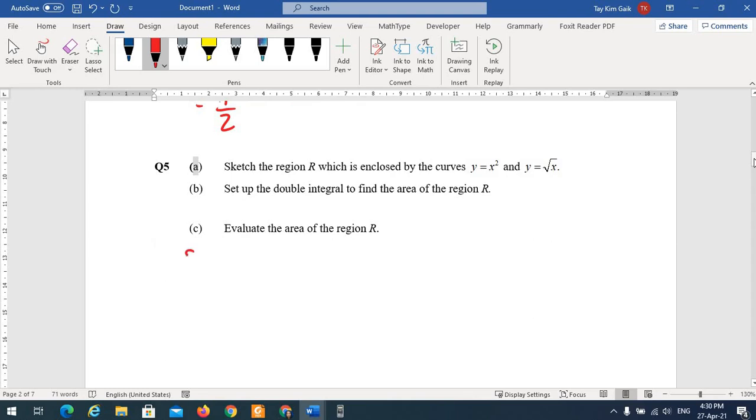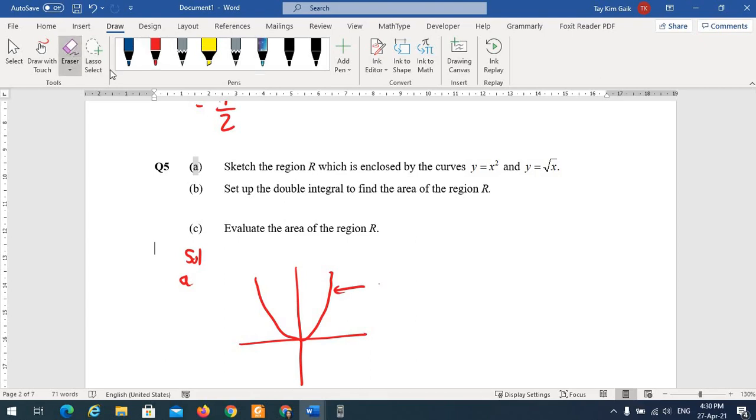So for part A, you have a parabola. This is y. This one is y equal x squared and y equal square root of x.